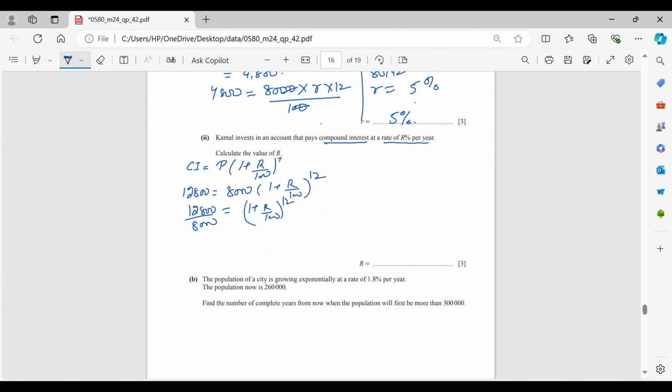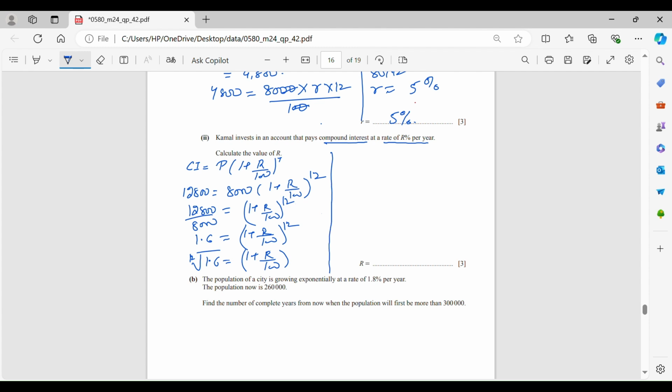Using a calculator, this is 1.6 equal to (1 plus r over 100) raised to the power 12. So the 12th root of 1.6 will be equal to 1 plus r by 100, right?